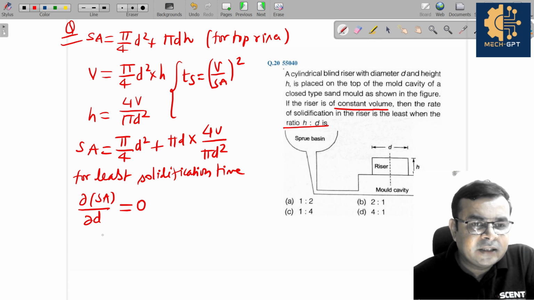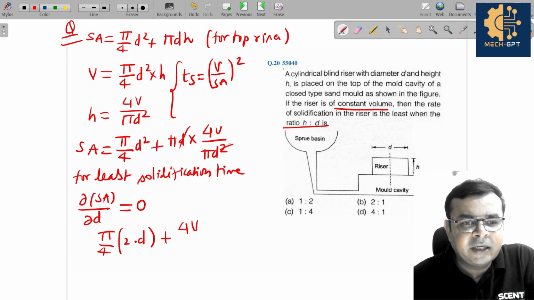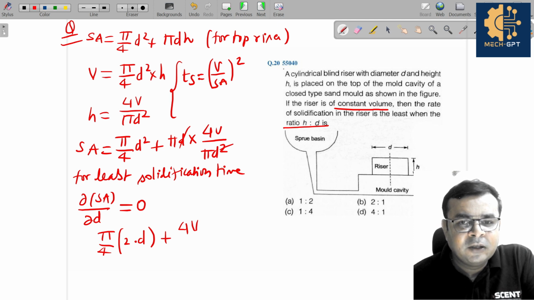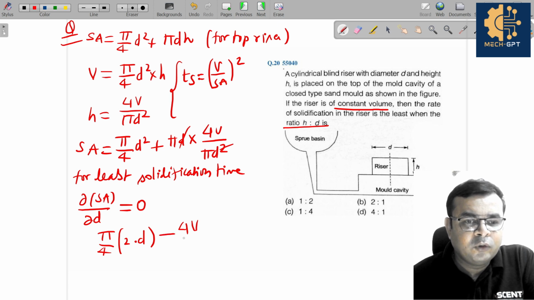Once you differentiate, you get pi by 4 into 2d plus, here d is cancelled out with this, so we have 4V, pi is also cancelled out, and if you differentiate d to the power minus 1, it becomes d to the power minus 1 minus 1. So here we get a minus sign, minus 4V upon d square, and this is equal to 0.